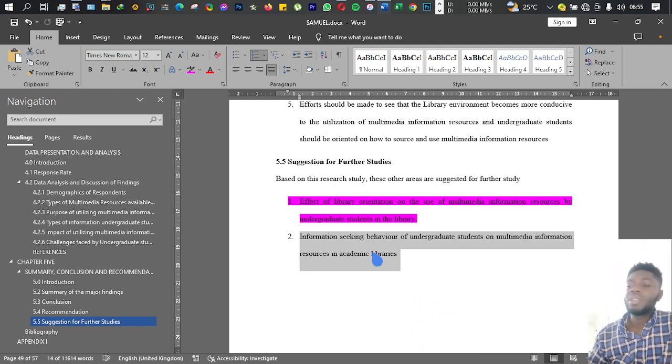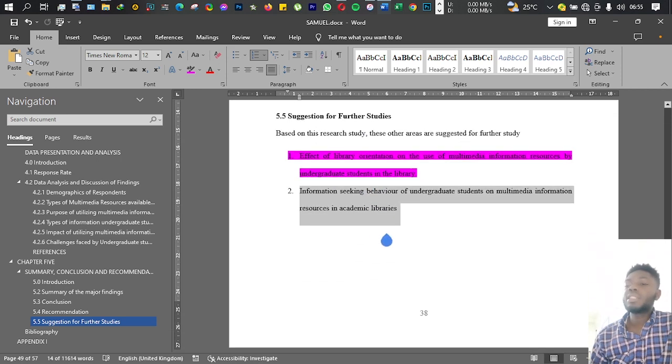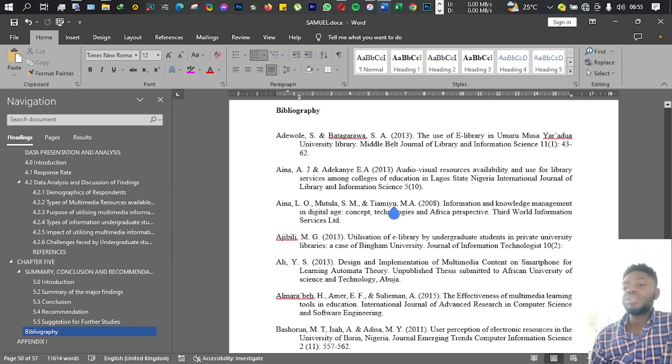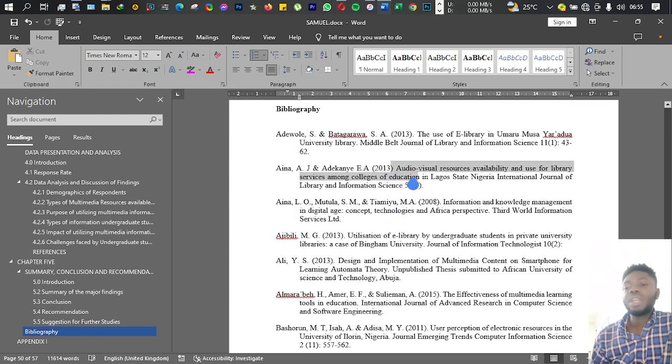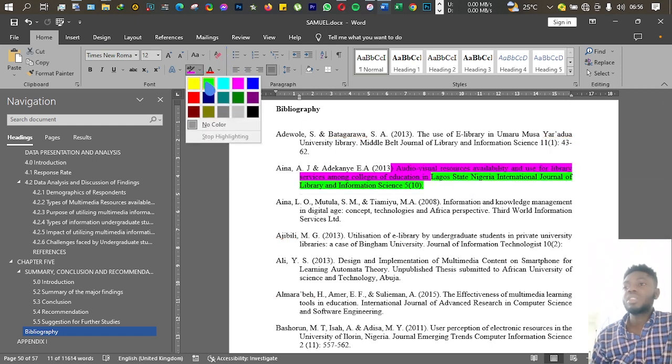Then also the quick tip, you can also get suggestions for further studies by looking at your references. So if you look at a reference like this, for instance, the study was conducted in Lagos State.